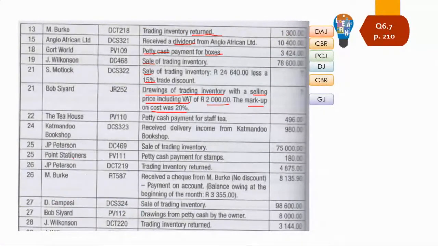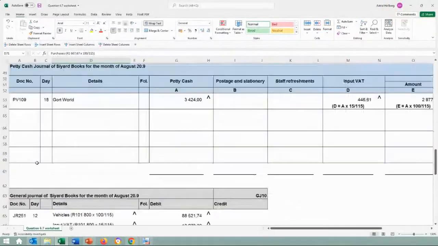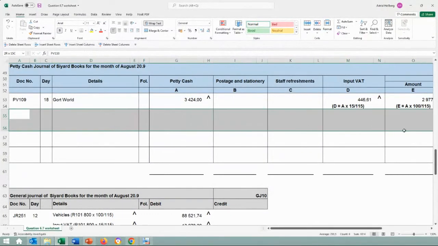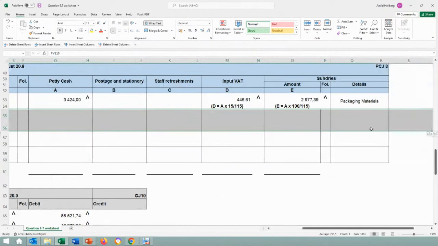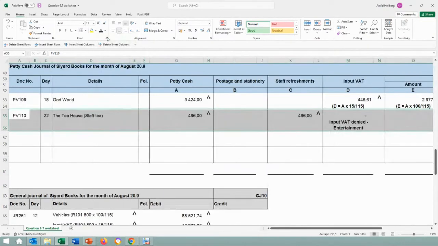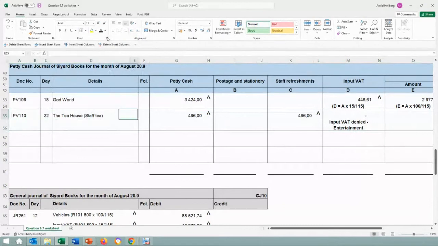Okay, then on the 22nd, we've got the tea house, petty cash payment for staff tea for 496 Rand. That would go to your petty cash journal. So let's go to the petty cash journal. What is important to remember is staff refreshments does not have a VAT component to it. So the full amount that we paid would go to staff refreshments.